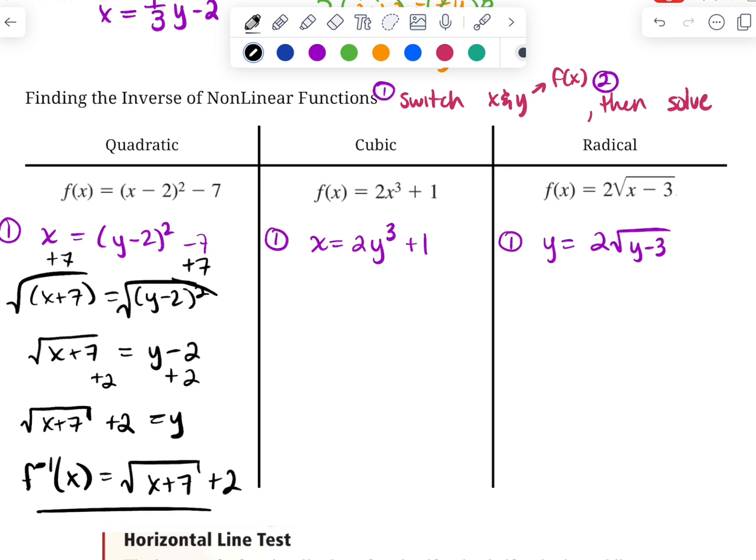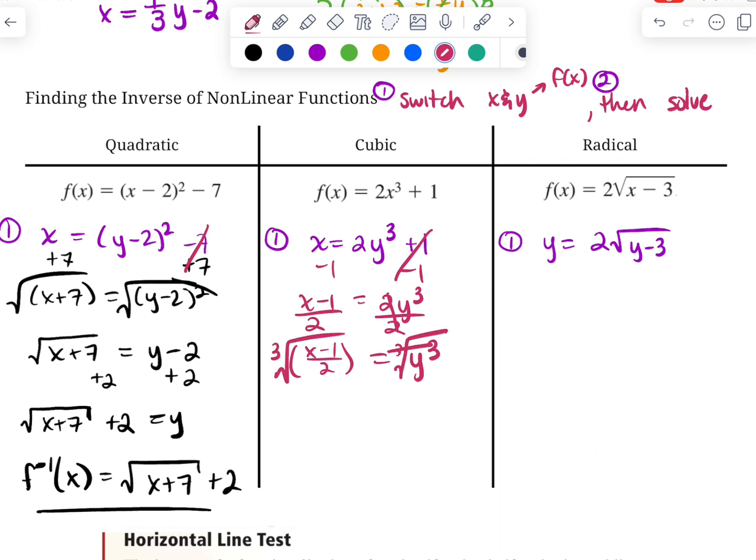All right, next one, I would subtract 1. So I've got x minus 1 equals 2 times y cubed. Now I would divide both sides by 2. I'm going to leave this as this quantity, x minus 1 over 2 equals y cubed. All right, to get rid of the cube power, I would take the cube root.